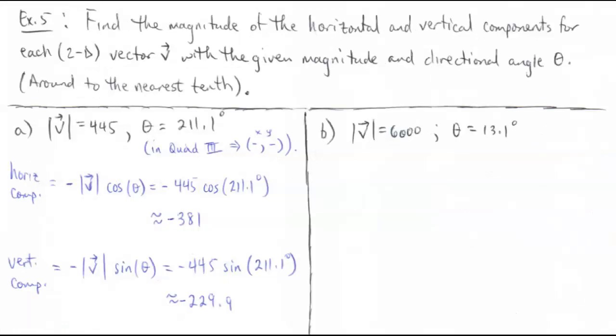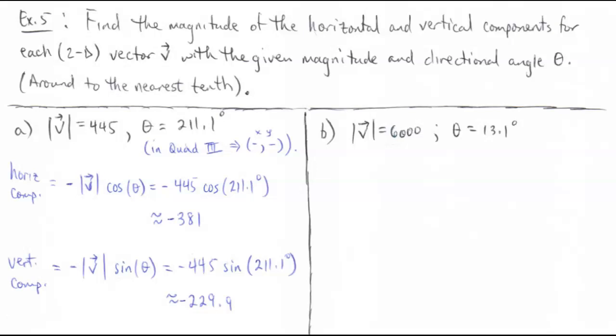So for example 5, what we want to do is take the information that's given to us about a vector, mainly its magnitude and direction angle, and figure out what its components are. This is something that we'll need to be able to do, to construct or break down a vector into its components.